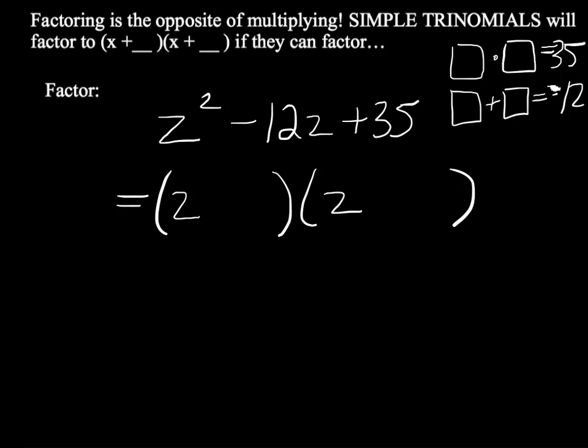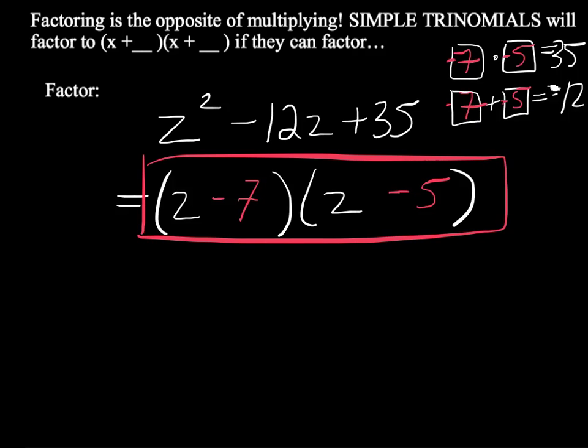If I think about it for a little bit, okay, 7 times 5 gives me 35. But 7 times 5 when added together gives me positive 12. Well, so if I just switch to negative 7 and negative 5, in fact, I'm done. Negative 7 times negative 5 is positive 35, and negative 7 plus negative 5 is negative 12. So it's z minus 7 and z minus 5 for my two factors.